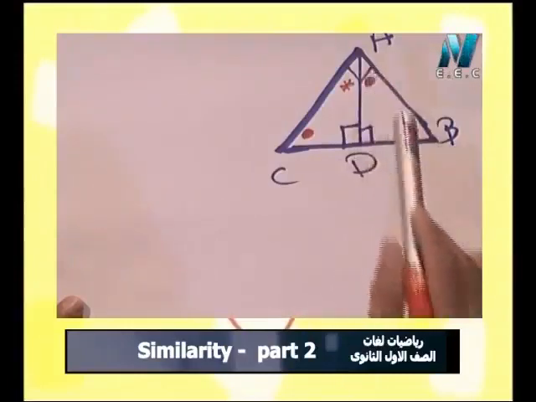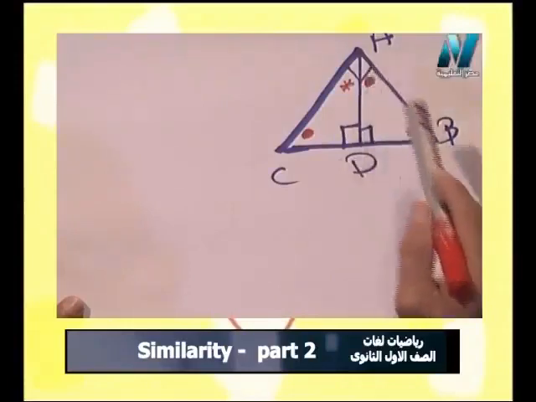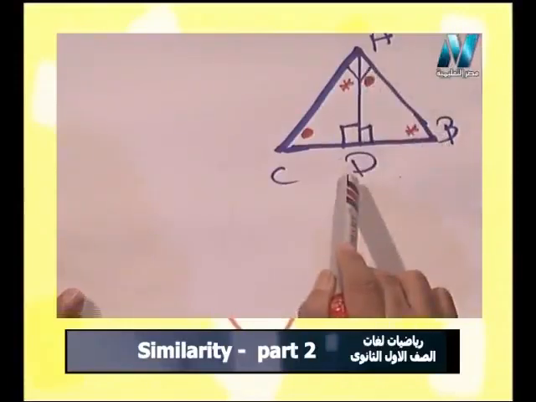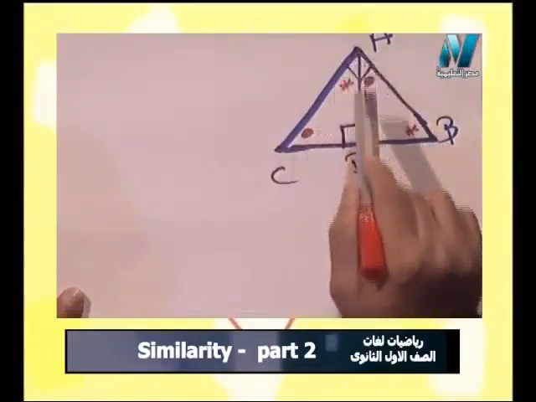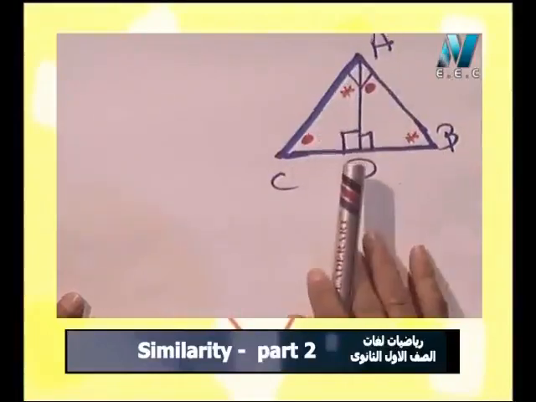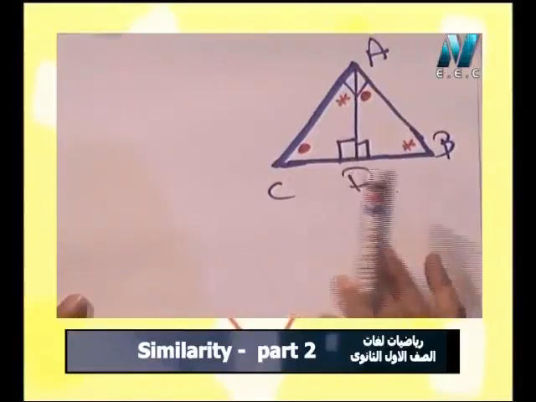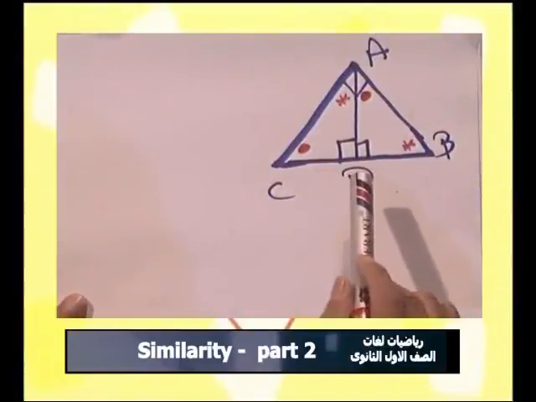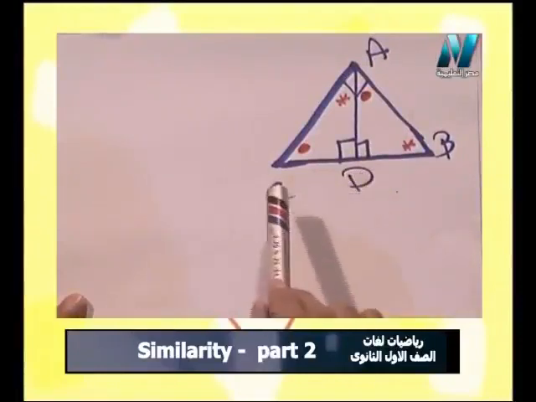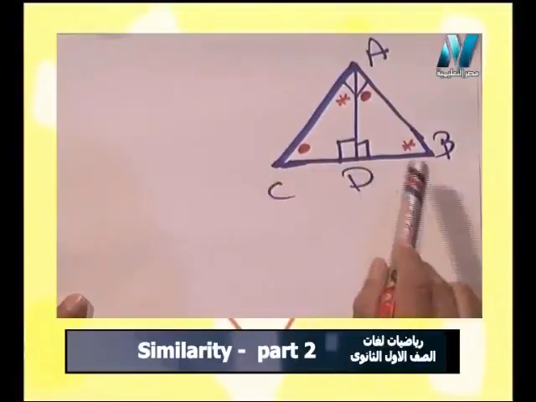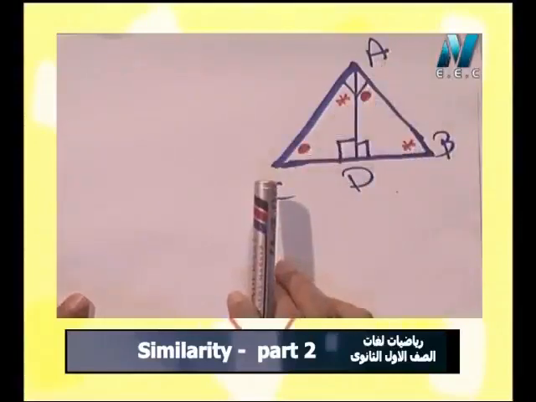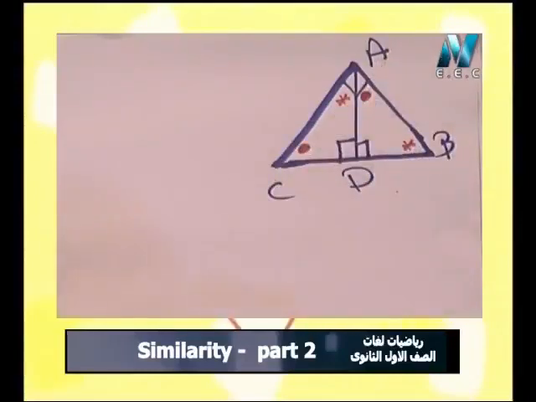The triangle ABD is similar to triangle CAD, and all of them are similar to the original triangle, which is CBA.